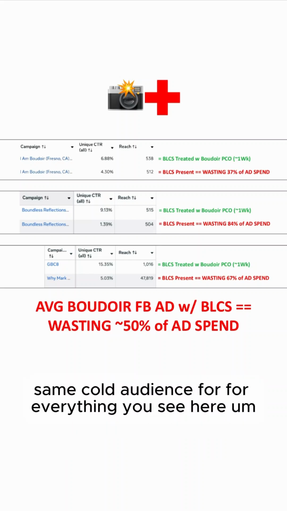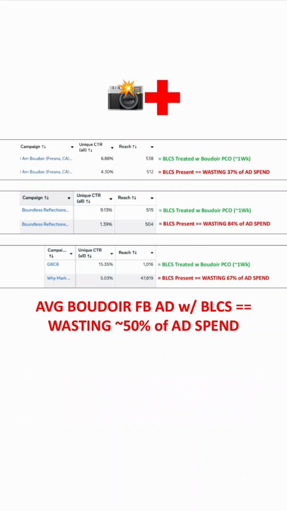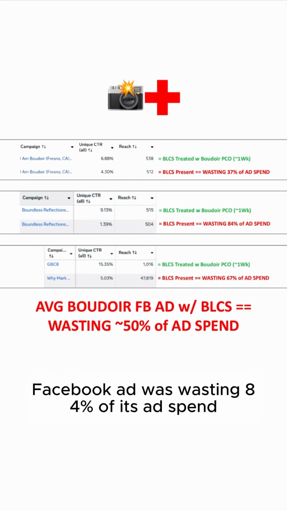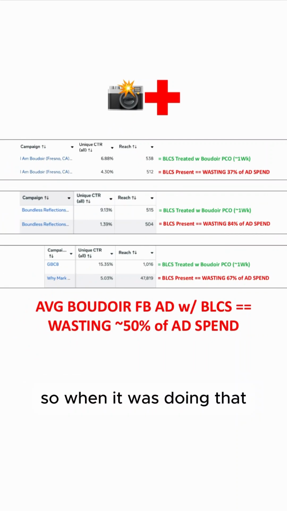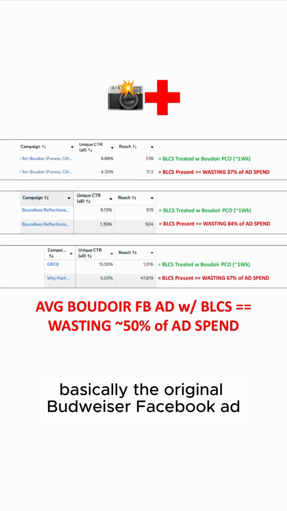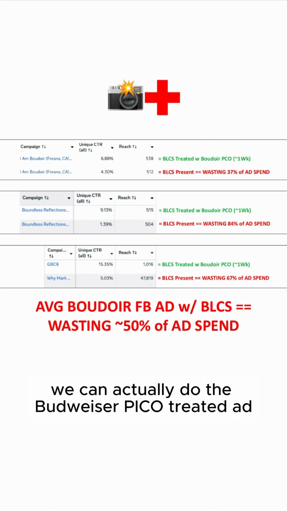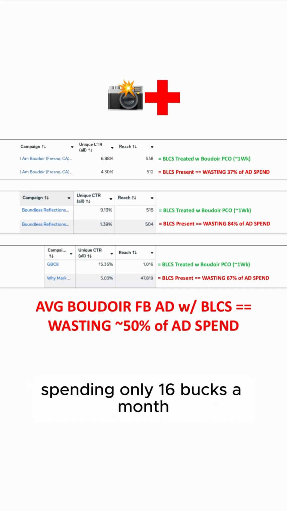It's the same city, same cold audience for everything you see here. And so we found out the original Boudoir Facebook ad was wasting 84% of its ad spend. So basically the original Boudoir Facebook ad spent 10 grand a month. Instead of doing that, we can actually do the Boudoir Pico treated ad, spending only $1,600 a month.